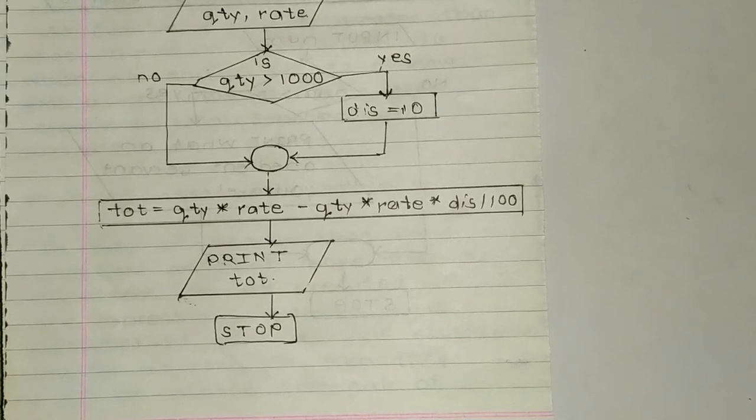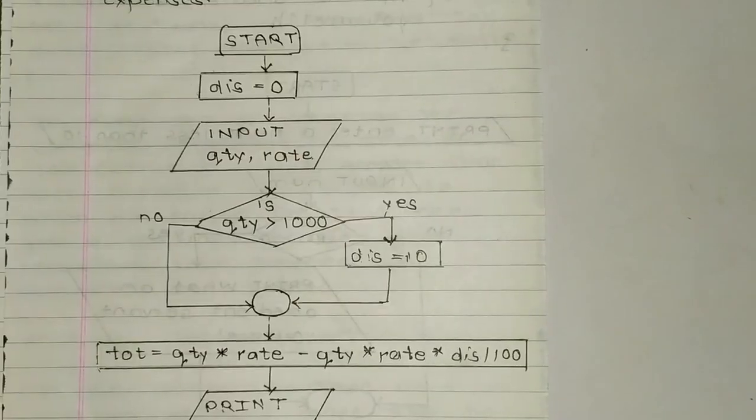So again we will see this flow chart. First it was start, then initial discount was 0, so this is equal to 0. Now the inputs were quantity comma rate.